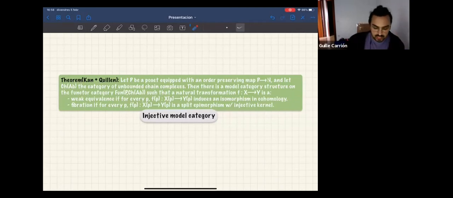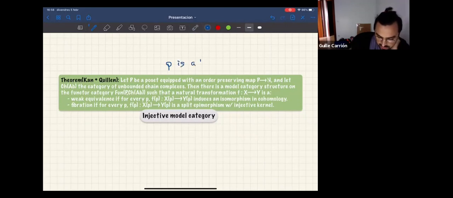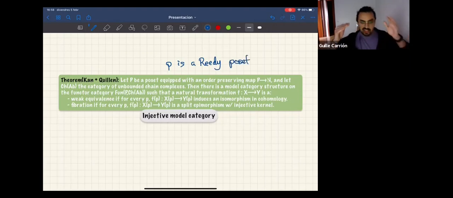From now on, every poset is like this, equipped with an order preserving map or an order reversing map. For short, we say that a poset with an order preserving map is said to be a ready poset. Because in this way, P is a ready category.